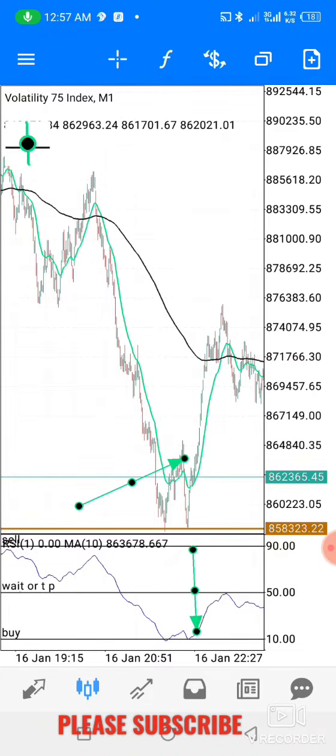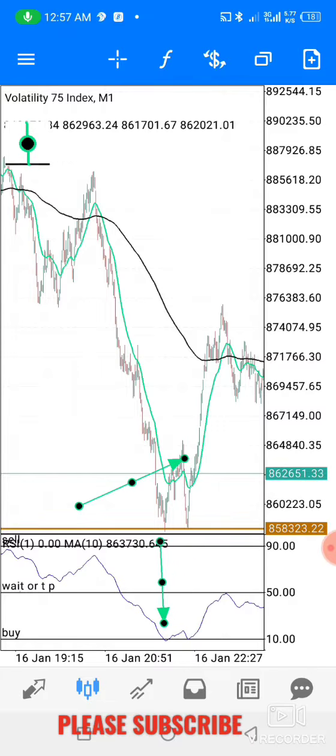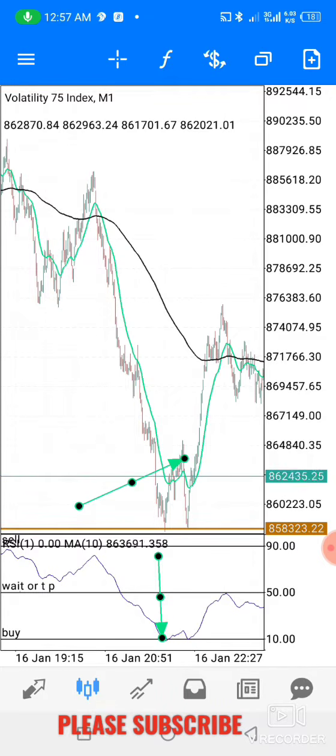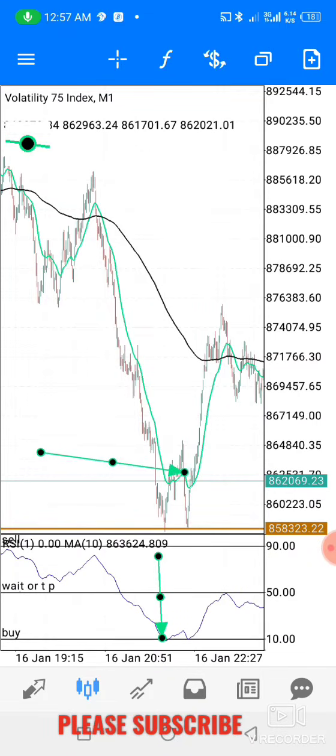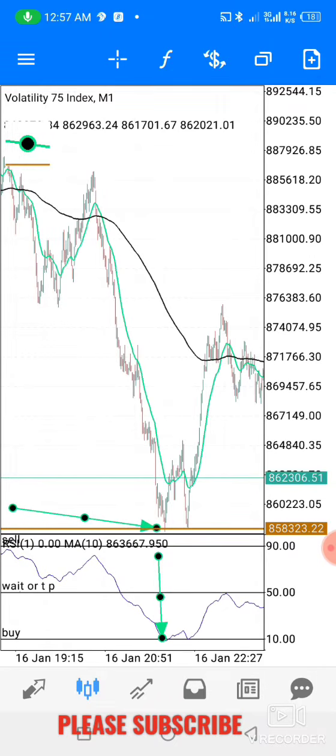It must reverse because this is the relative strength oversold level, which is here. Level 10 is oversold. So what you need to do is wait patiently. Once price is approaching the previous reversal swing point, which is here, open all your margins.